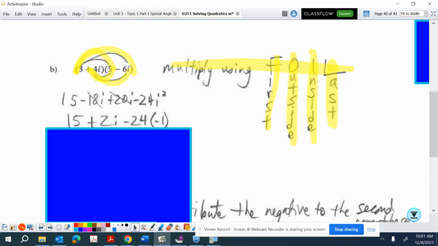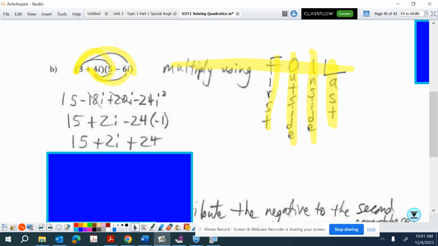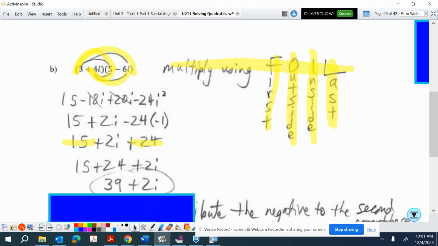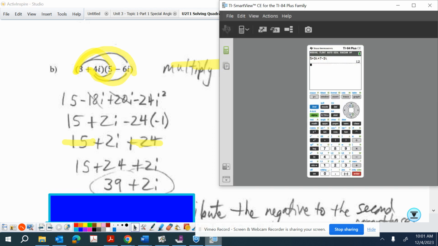Now notice, -24 times -1 is positive 24. That's a real number. So now you have to combine this number and this number. And because everything has to be in a plus bi form, it's going to be 15 plus 24 plus 2i, and 15 plus 24 is 39. I'm now going to show you how to do this again in the calculator.